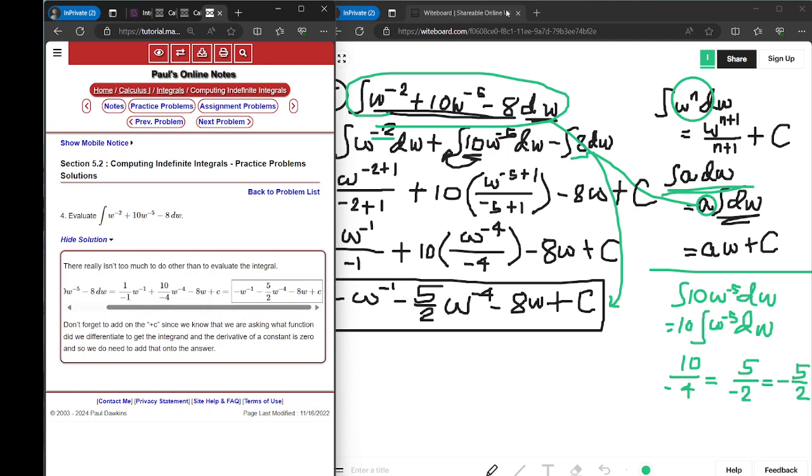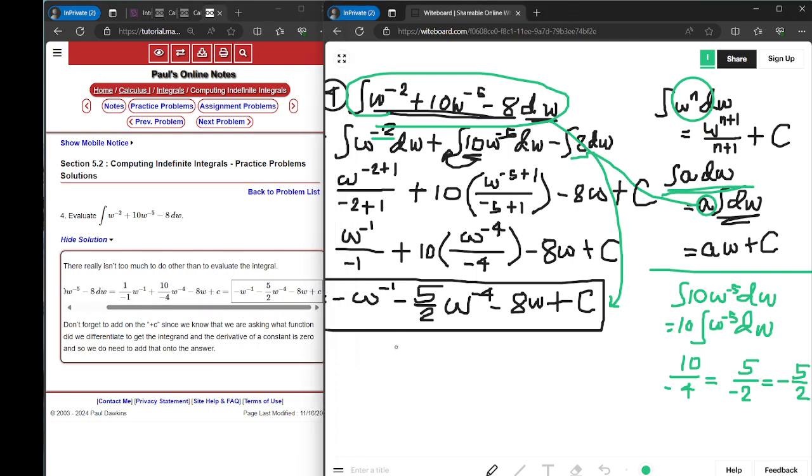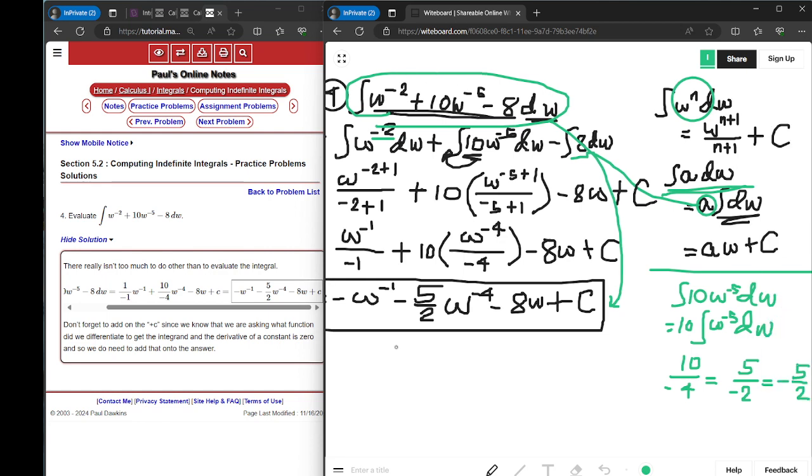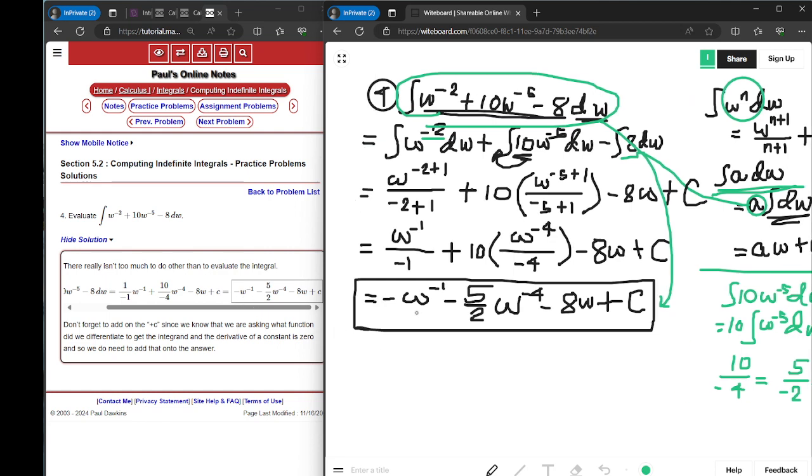Okay, that's better. So we have here negative w to the power of 1, correct? We have minus 5 over 2 w raised to power negative 4, correct? And negative 8w plus c, which means we got the correct answer.